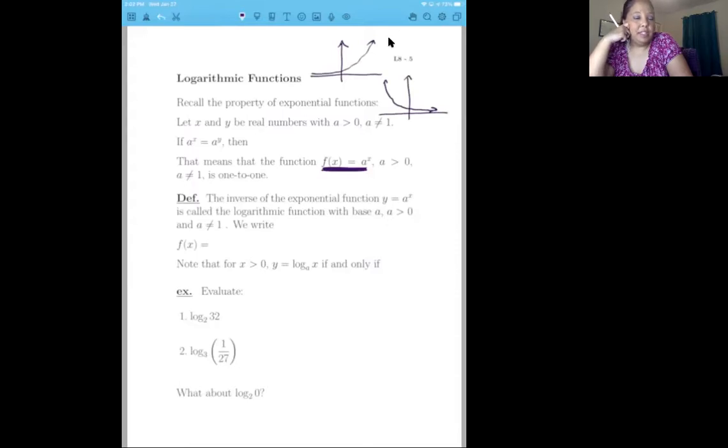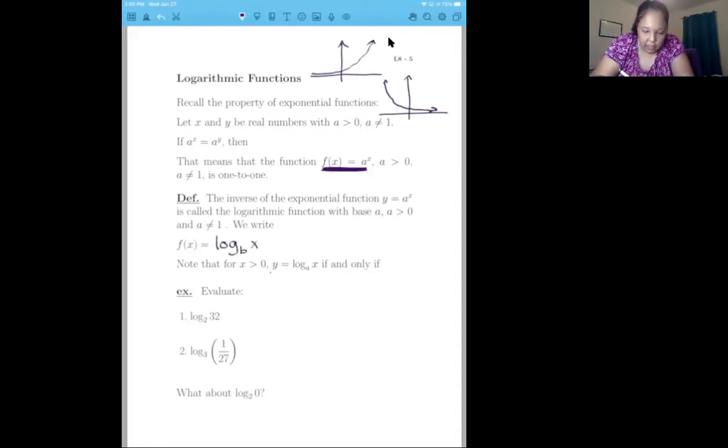So first of all, does that pass the horizontal line test? And it does. So it must have an inverse.